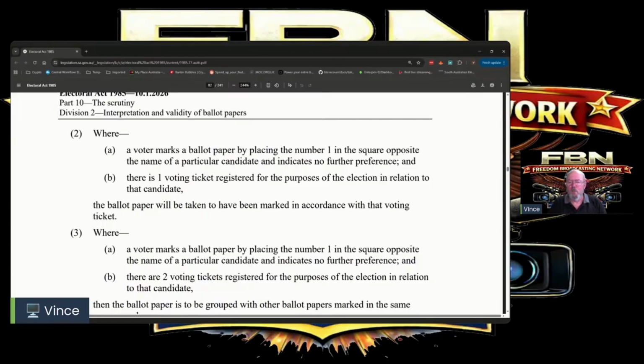One Nation on their how to vote cards said just a 1, but apparently they registered a proper validated preference card. I think I've heard they may have registered 2, so they gave it a 50-50 split between Liberal and Labor. Don't quote me on that, I might not be correct. But that's how that basically works.